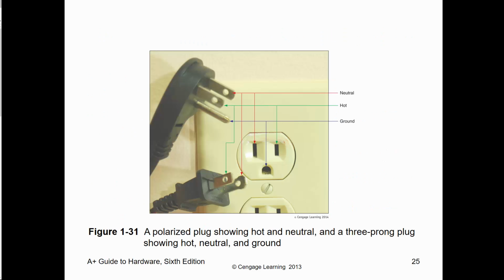If we're looking at an outlet, normally the hot is going to be the smaller plug, and the other two will be our neutral and or ground. You may not have the third plug. In that case, our neutral is also the ground. Okay, so that's our typical power plug.